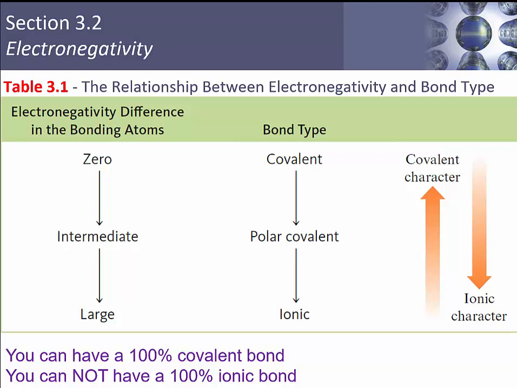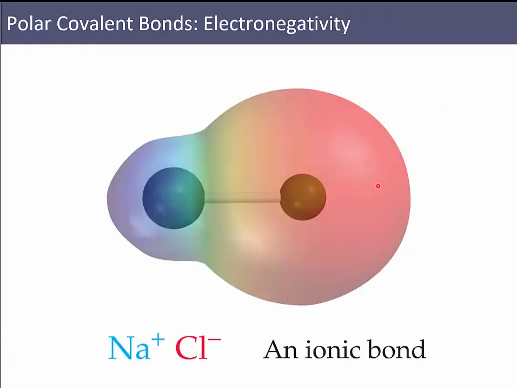The reason is that the electrons have to spend some time around both atoms in order for that bond to exist. For something like sodium chloride, the electron spends most of its time around the chlorine and very little time around the sodium, but it's going to spend some time around the sodium.